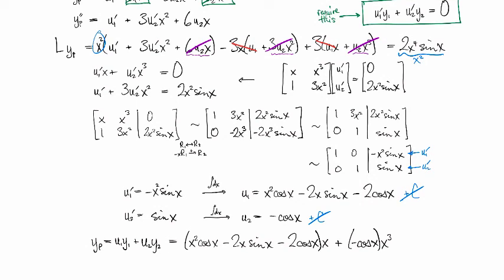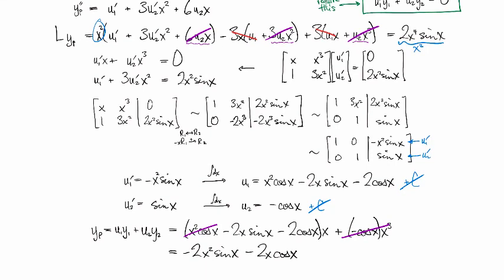And so it looks like I've got some cancellation there. I've got a minus x cubed sine x and an x cubed sine x right here. So that leaves me with minus 2x squared sine x minus 2x cosine x. Yeah, there we go. That is our solution.